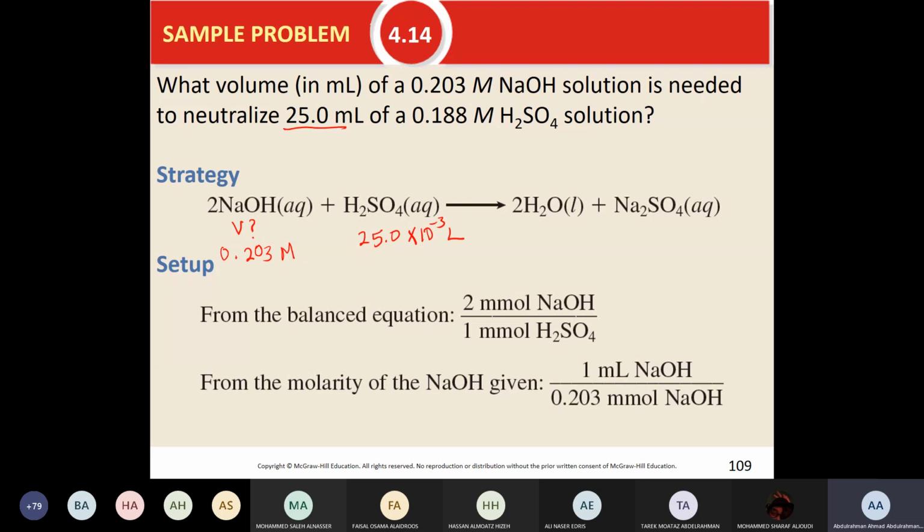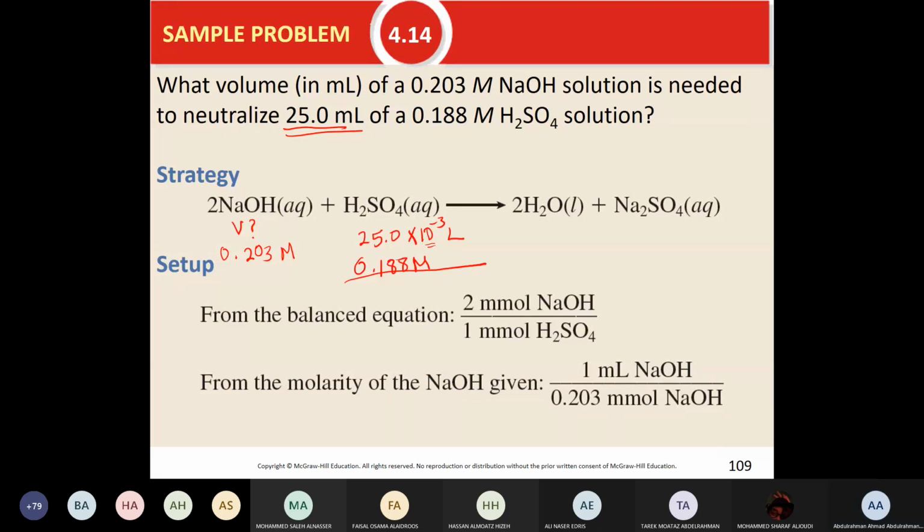And I know the molarity is 0.188 molar solution. Can you calculate the number of moles?